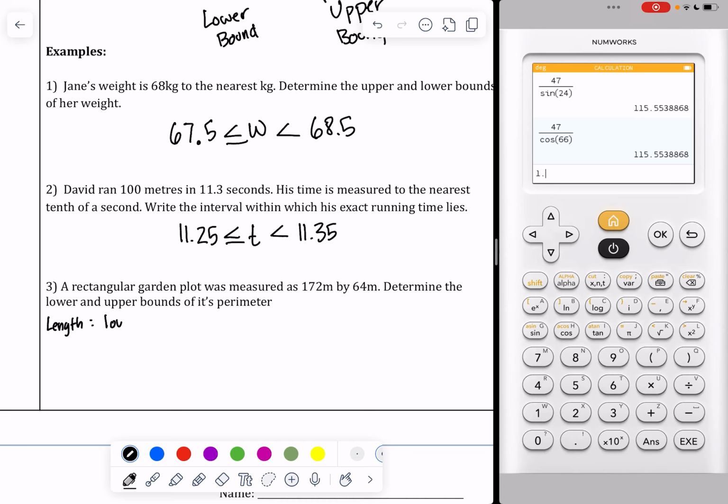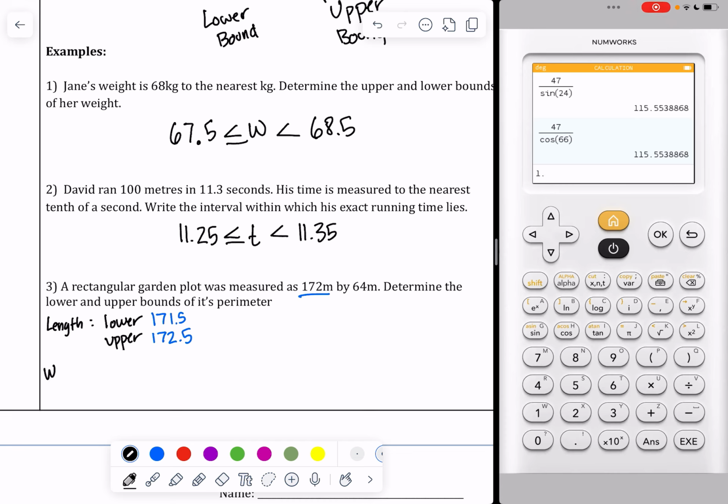Lower bound, if we call this one here the length, the lower bound will be 171.5, and the upper bound will be 172.5. So that first measurement could have been anywhere from 171.5 to 172.5.